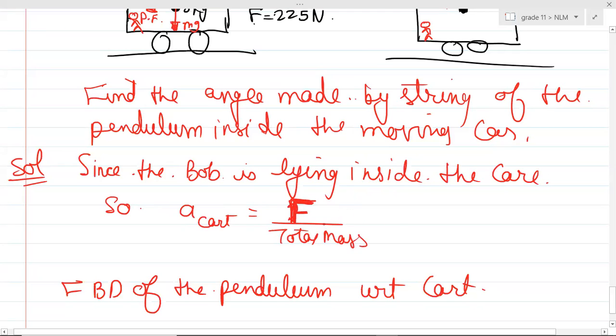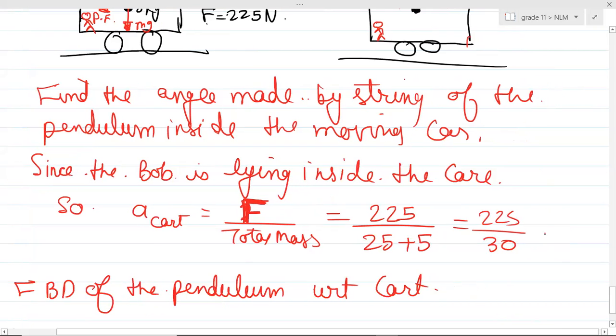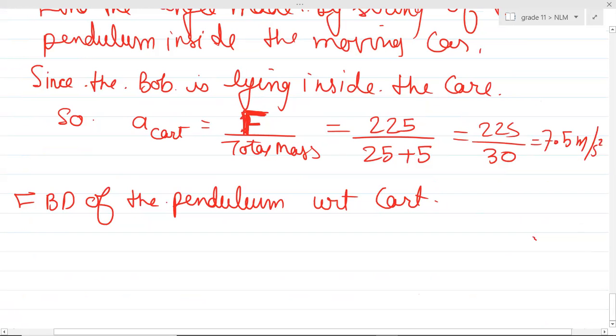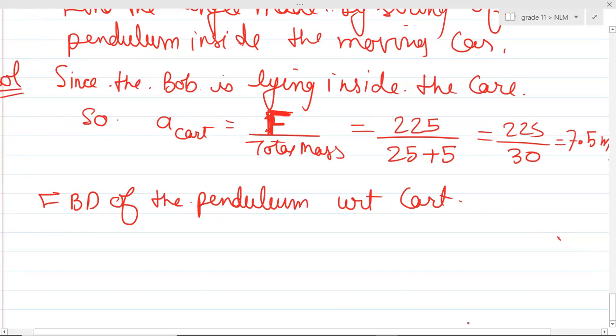In every other case, the block was lying outside that particular thing, so the force acting on the other object was not making any effect. But this time, since there was a cart and this block was inside it, we take the total mass. It will be 225 divided by the mass of the cart, 25, plus the bob, 5. 225 by 30 is how much? 7.5 meters per second square. So this is the acceleration of the cart with respect to ground.